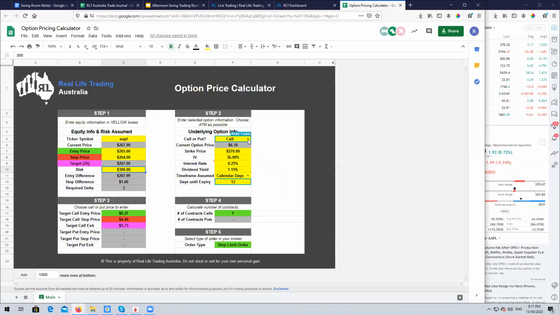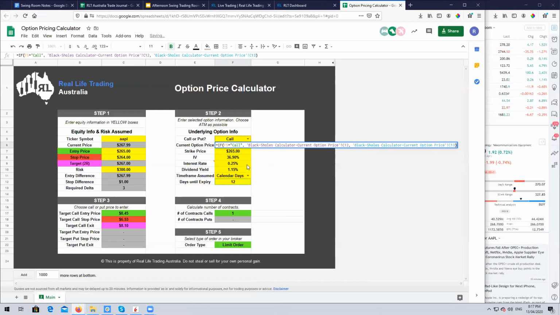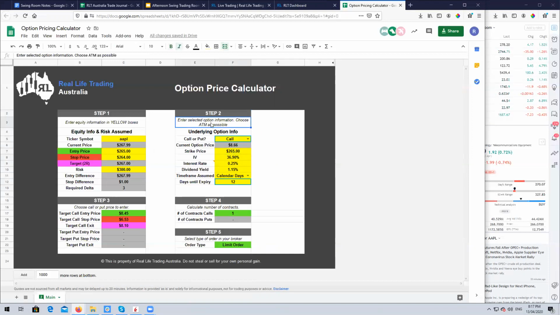I've missed something here. Well, you'd be buying the 265, for example. You'd always have to choose the nearest at the money as possible. Then you see you've got 265, and it'll tell you that you need to have a limit order, and that's the particular price you'll be buying at.